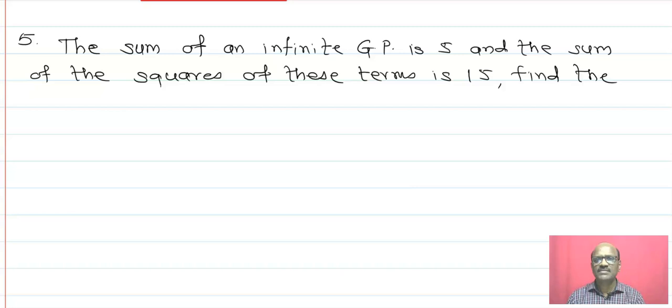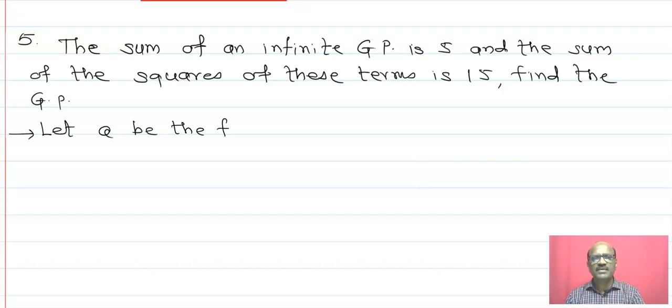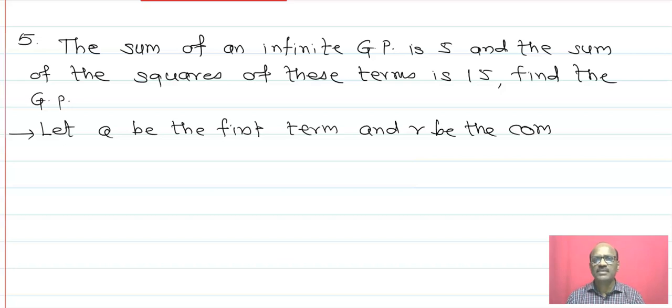Find the GP. Let a be the first term and r be the common ratio.